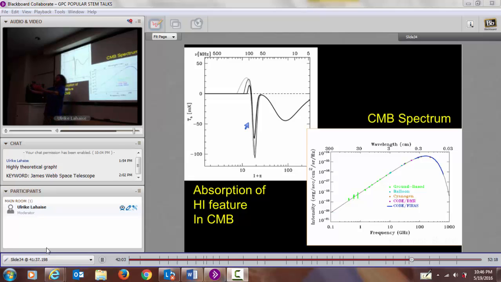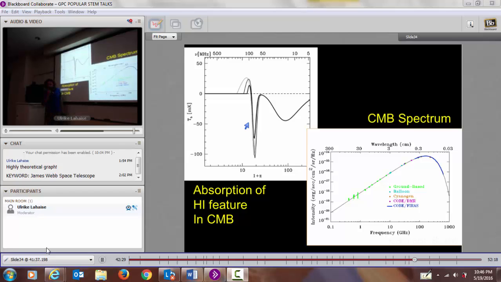That would be due to this material in front, which affected this spectrum after it was produced. They say this feature indicates what we would see if the gas is coming together to form stars, and then this little spike is due to when the first stars light up and interact with their environment and produce a feature something like that.